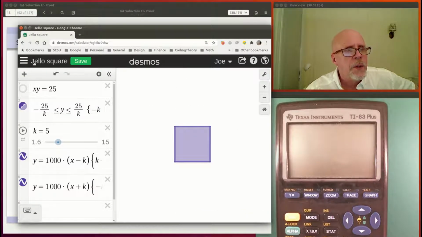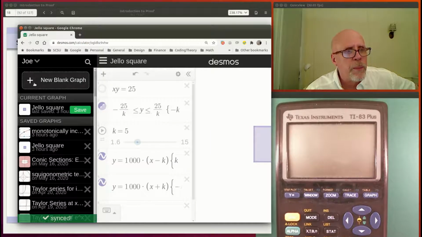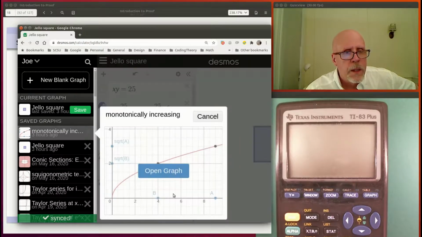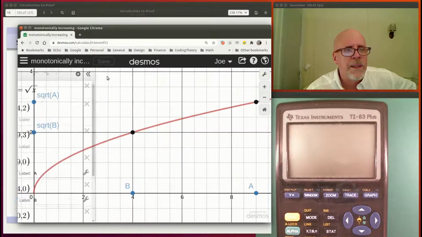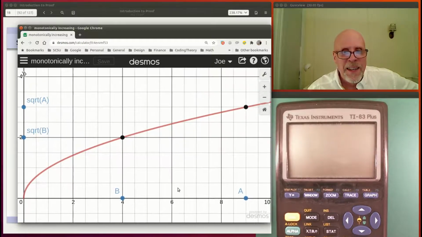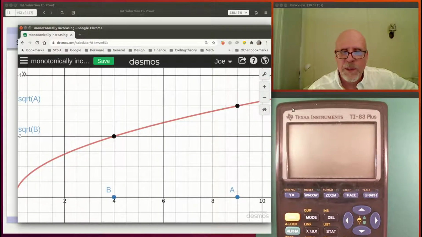I want to show you this by kind of a proof by picture. So I prepared a graph previously. Let's get that out of my way and I could click this. Thank you. This is the graph of the square root function. And I've put out on the x-axis points for a and b.